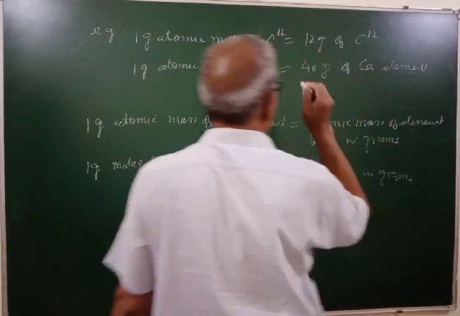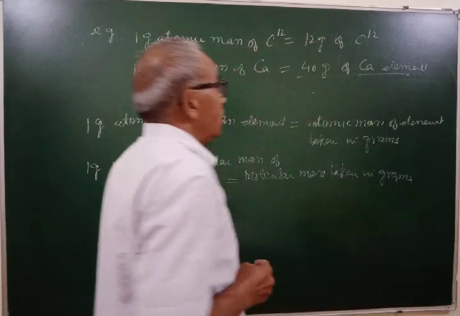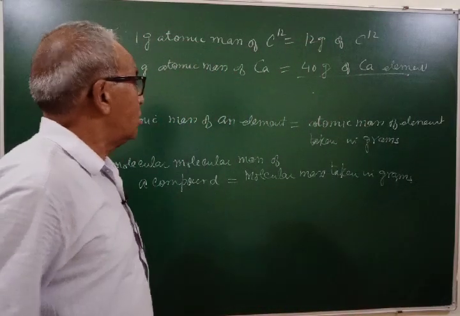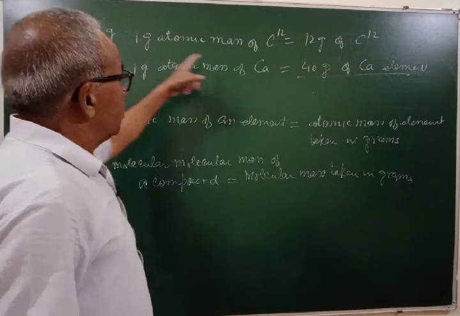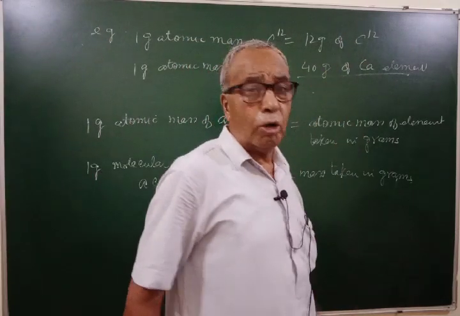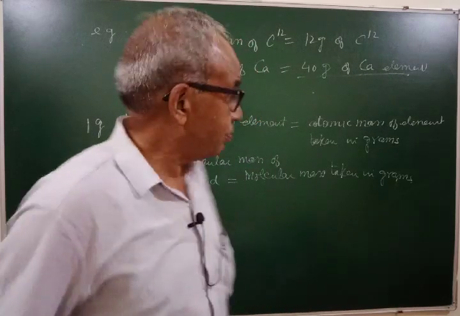It means if we have taken 40 gram calcium, then we have taken 1 gram atom mass of calcium. Similarly, 12 gram of carbon is equal to 1 gram atomic mass of carbon.